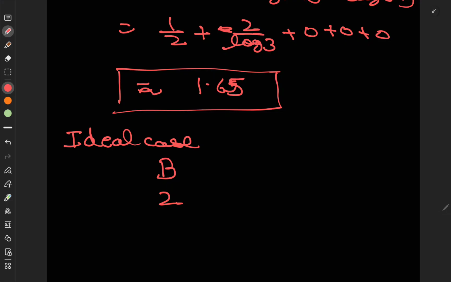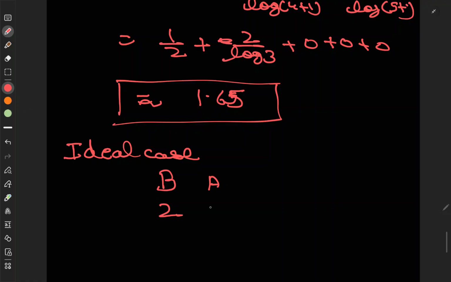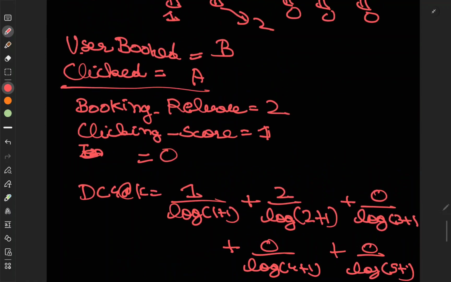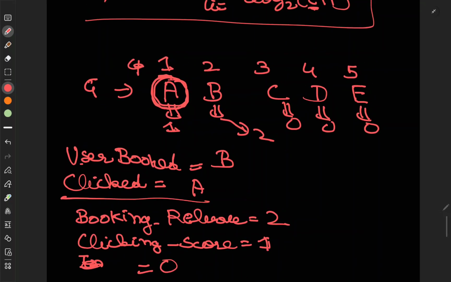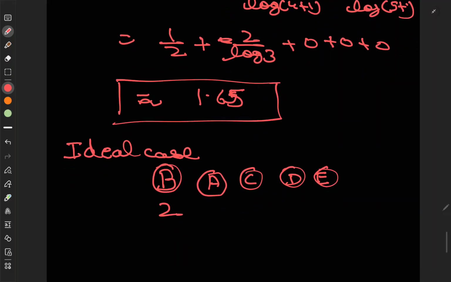B should be at the top of the rankings. Then should come A. Then come the other 3 things, C, D, E. Right, this should be the ideal case, that B should be shown first at the top, then A should be shown second, then C, D, E.